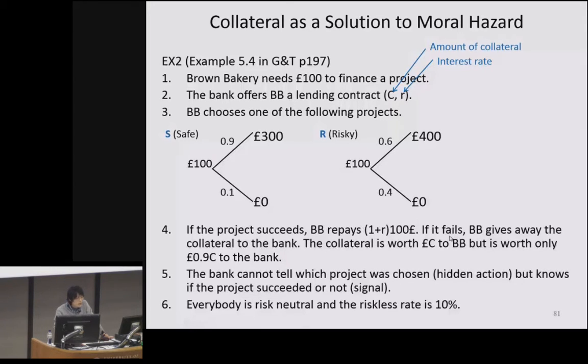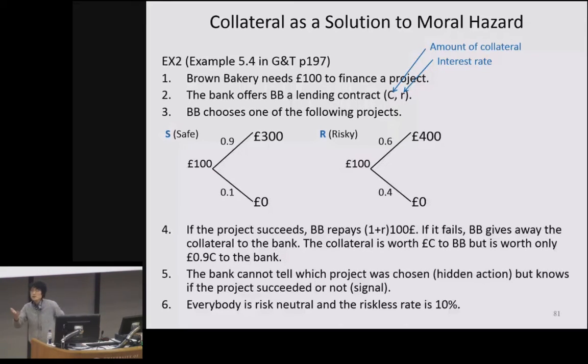If the project fails, then Brown Bakery gives away the collateral to the bank. The collateral is worth £C to Brown Bakery, and today we assume that collateral is worth a little less to the bank, only 90% of C. It's often the case that collateral is worth more to the borrower than to the lender.